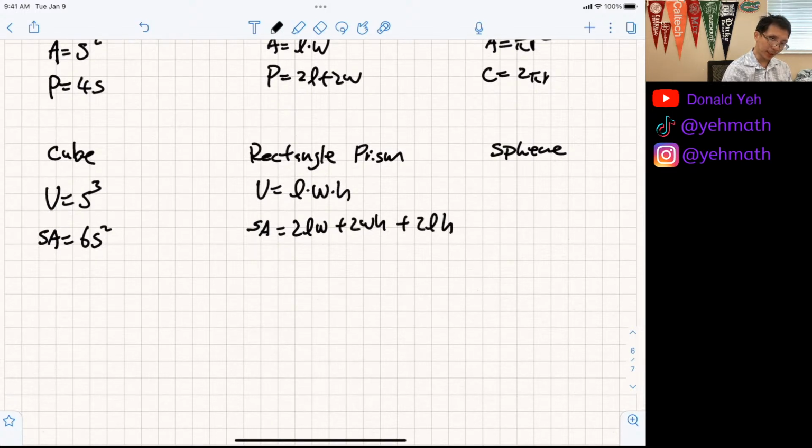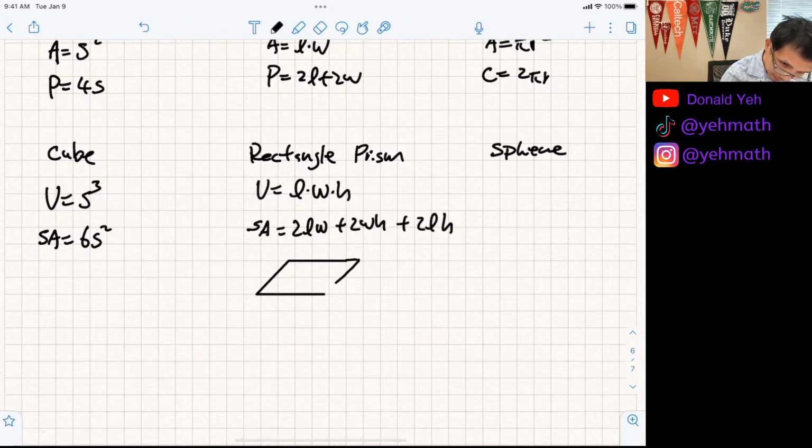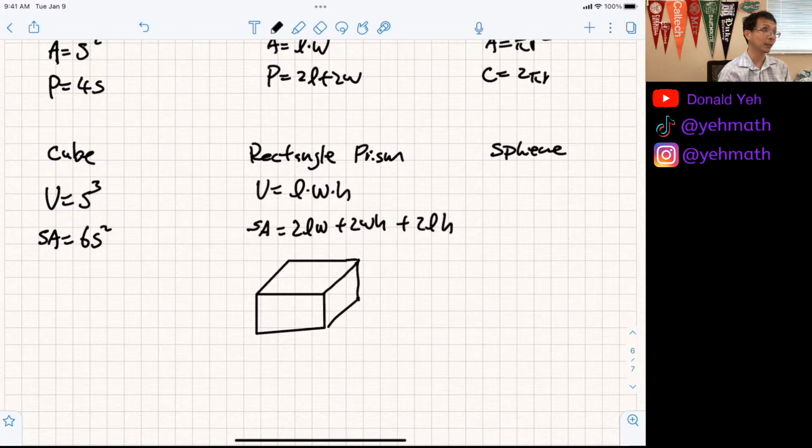The reason being is if you draw a rectangular prism, it's going to look like this. So the problem is that top and bottom are going to be the same, and there's front and back and left and right.